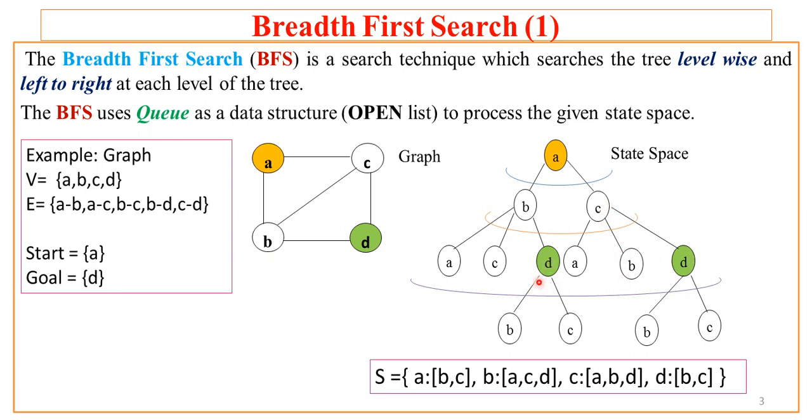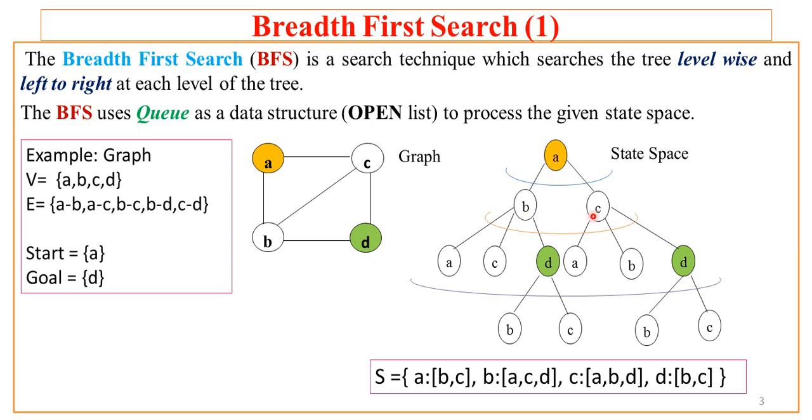Similarly, D has B and C as the immediate successors, and D is appearing at 2 points in this state space, that is, D which is a part of B, the child of B, and D which is also a child of C. This way the state space is explored, and breadth first search will try to search level wise. For example, if we start with the root, this is the first level, or level 0.